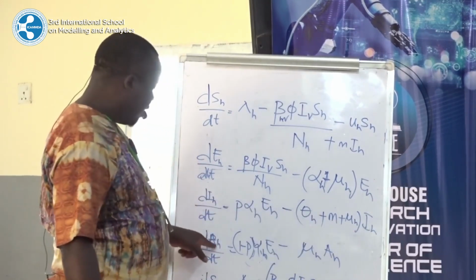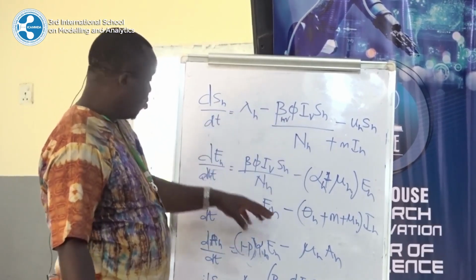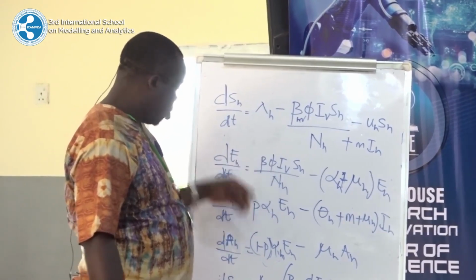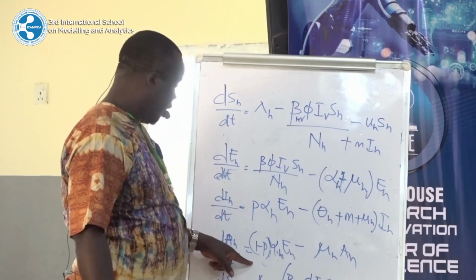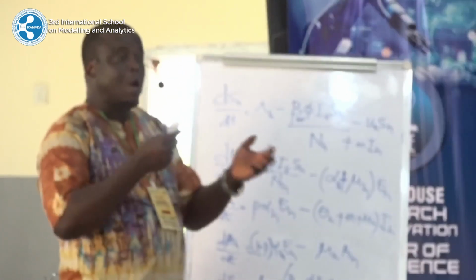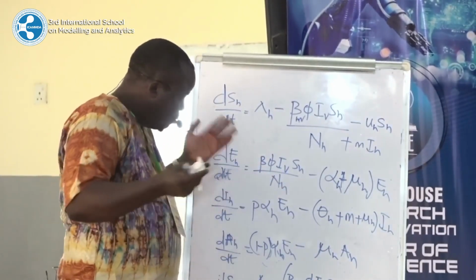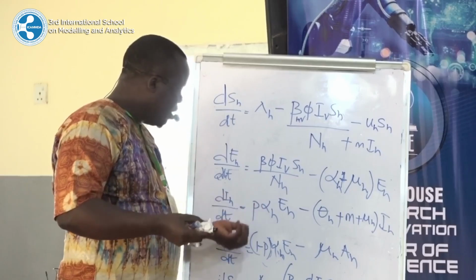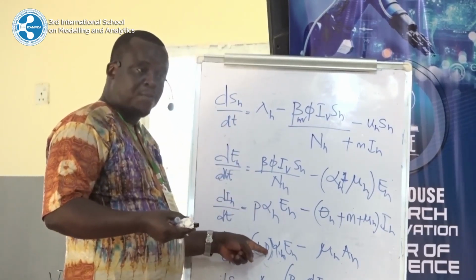And then you have the asymptomatic. People can move from the exposed to either infected and infectious, and then to the AH. The P there is a probability between 0 and 1, right? So if P is 0.5, this is 50%, and this is 0.5, 50% as well.